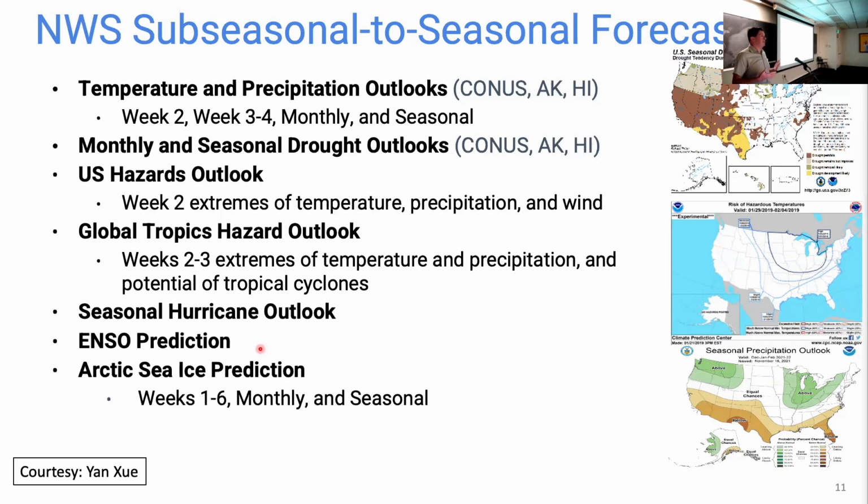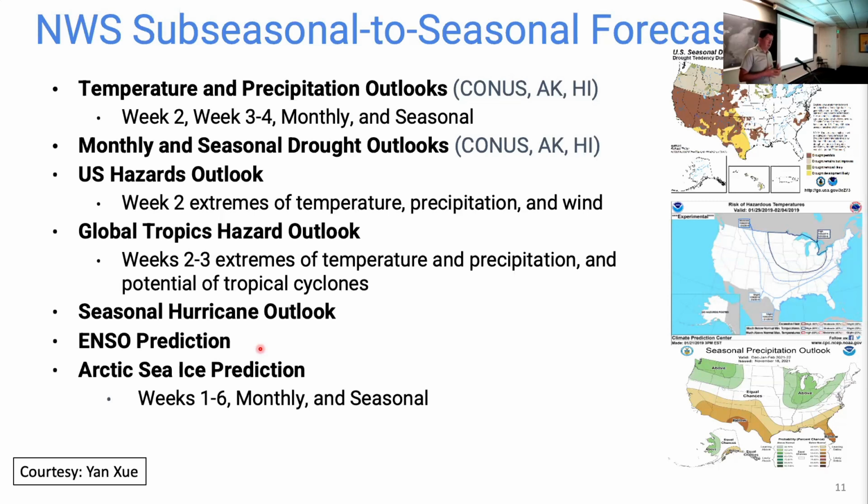So they make products like that, above normal, below normal, for different time scales. They also do monthly and seasonal drought outlooks, which is the top right panel. It shows where there's existing drought, and areas where drought may intensify, improve, or even develop.